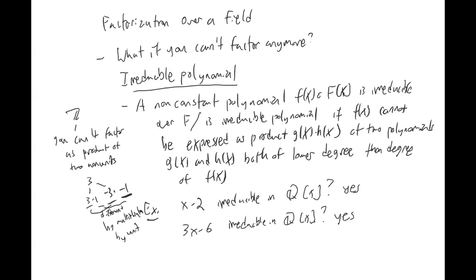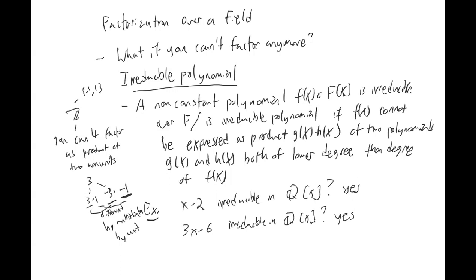It's whatever has a multiplicative inverse. So yeah, all polynomials of degree 1 are irreducible. The units here are negative 1 and 1, because these are the only invertible elements in Z.